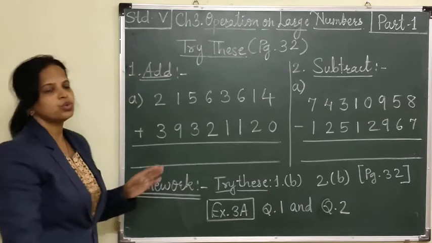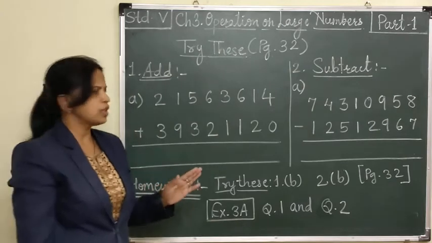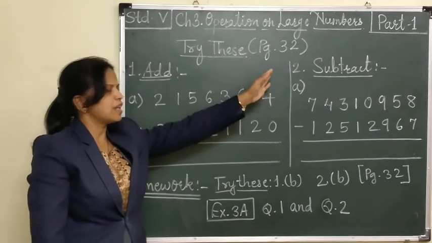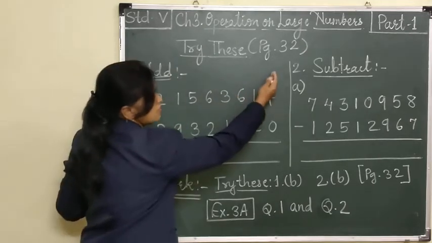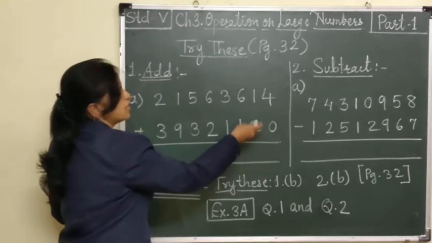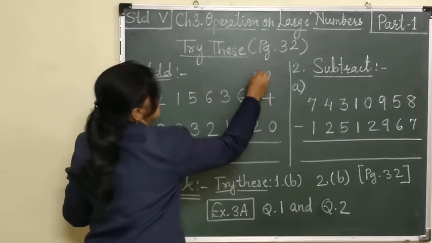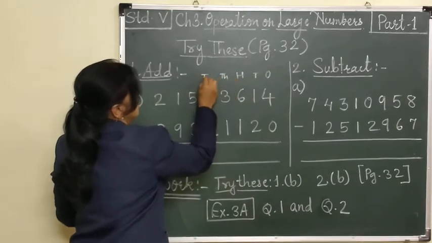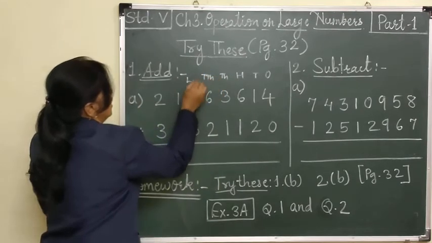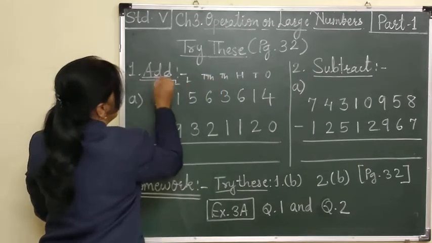Let us see how to do the addition. We are going to do it from the extreme right side, that is the ones place. This is ones, tens, hundreds, thousands, ten thousands, lakh, ten lakh, and this is crore.